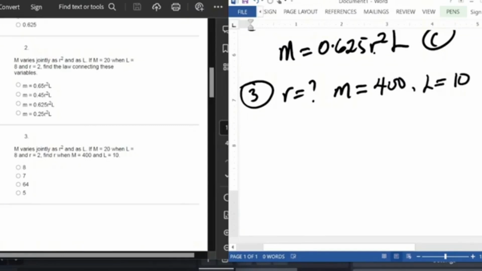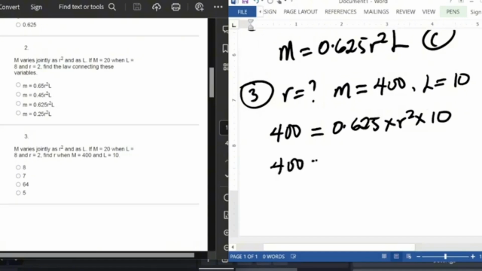So we put the value of everything in. That will be 400 equals 0.625 times r squared, that's what we're looking for, times l, which is 10. So from here we have 400 equals 0.625 times 10, and that's going to be 6.25 r squared.